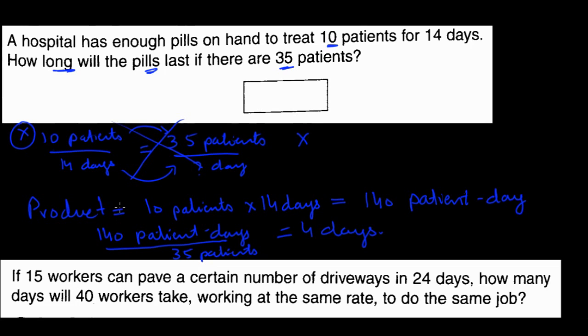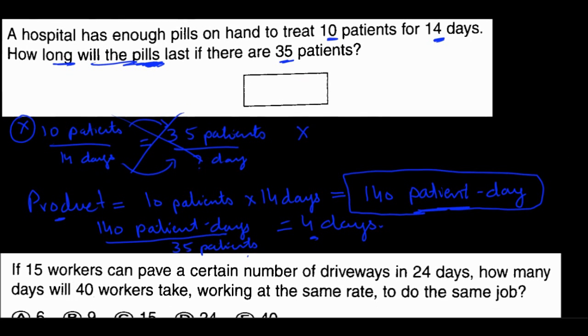And the reason is that the supply of pills is limited. You don't have an unlimited number of pills. So your number of days has to be less than 14 days. So the right way to do this is to figure out the total supply that you have. So you have a 140 patient day supply, which can serve one patient for 140 days. Now you have 35 patients, so you can serve them for 4 days.